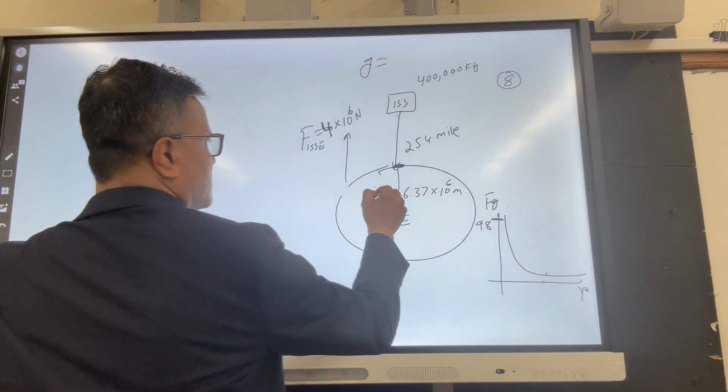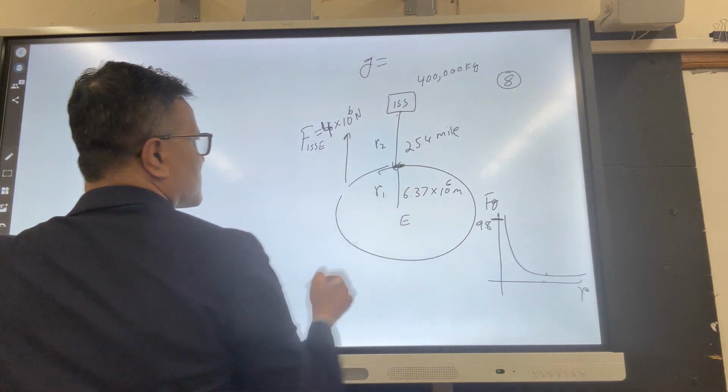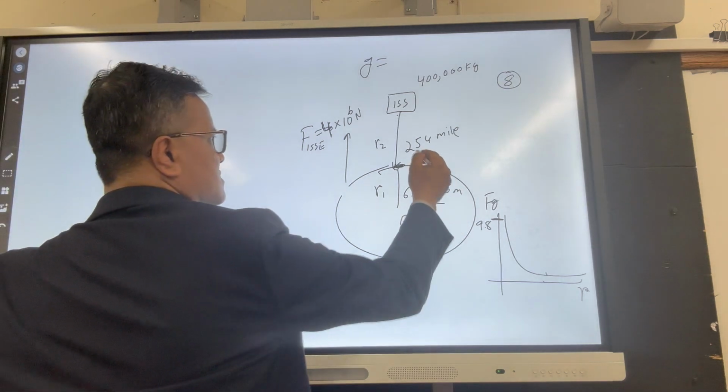So this is R1, this is R2. This is an SI unit, this is not an SI unit.